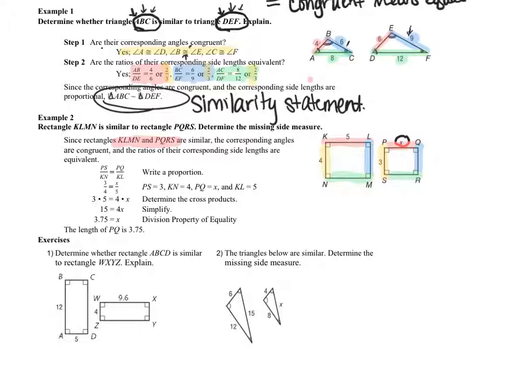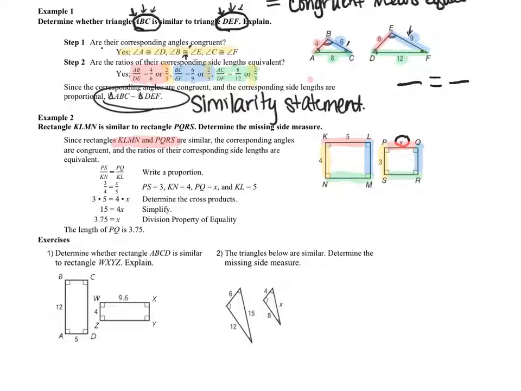Okay, I'm going to stop here for just a second. I kind of skipped something that we really need to hit on the last one, and so I want to show you real quick. Okay, so I didn't write the proportion like I should have up here. There's two ways we can also solve it this way.